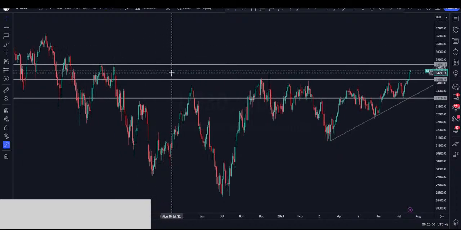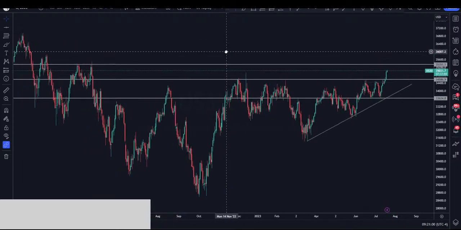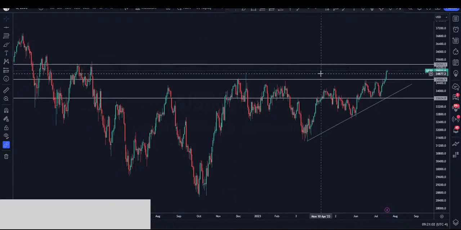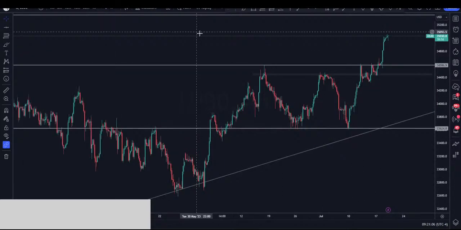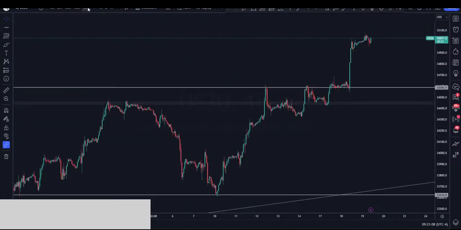It's in the middle of it, and there's no other clear area to reject at this moment. So there's a good chance it'll push all the way to the stop here today. But let's see if that will happen sooner or later.